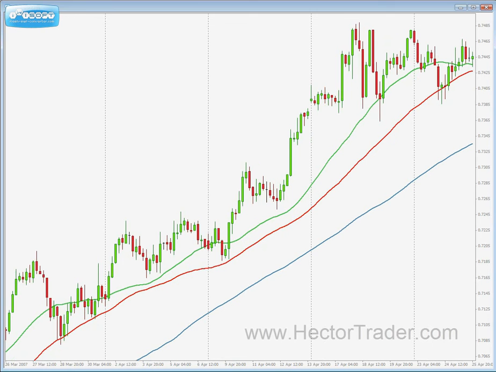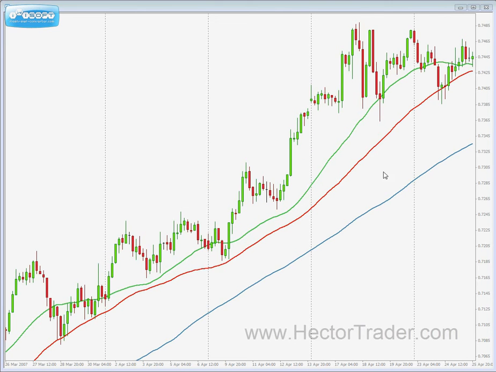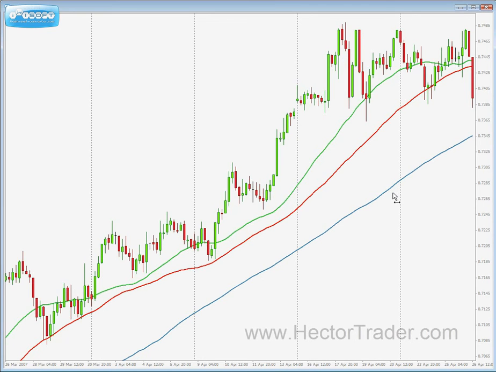Let's assume we keep on riding this uptrend, searching for longs. Some trades will be losses, but most of them will be winners, since we are trading in the direction of the main trend. But now let's assume we open our chart today and we see this.